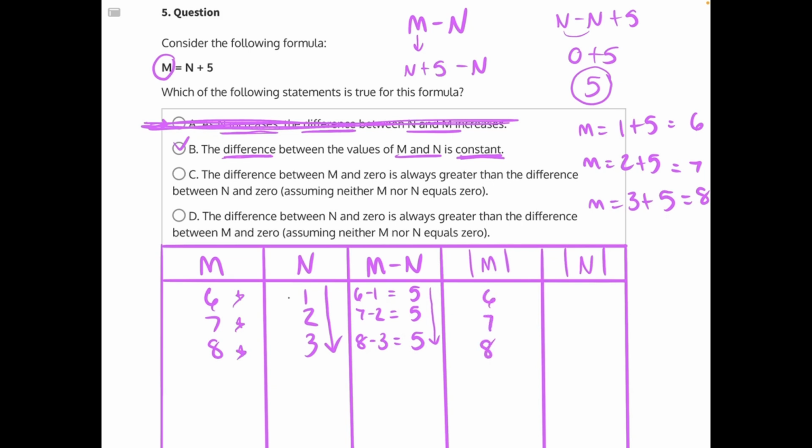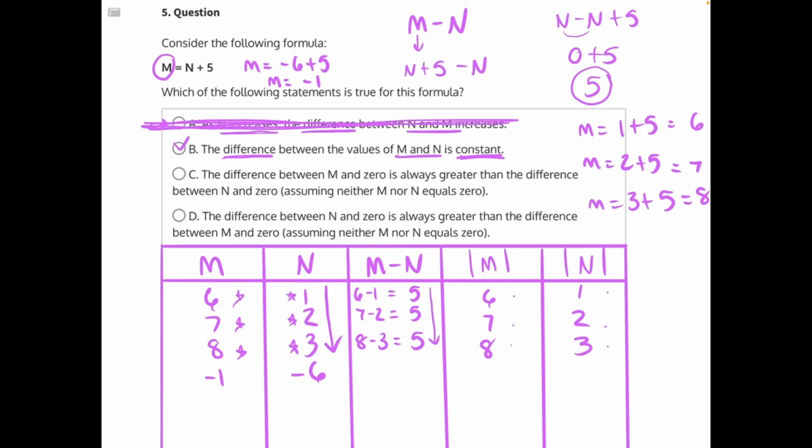If we were to take the absolute value of these values of n, 1, 2, and 3, we would get 1, 2, and 3. Now, for these three values, the absolute values of m are greater than the absolute values of n. But what if I were to plug in a negative number for n, like negative 6? We would have m equals negative 6 plus 5, which would give us m equals negative 1.